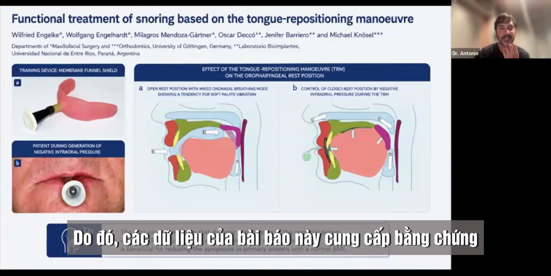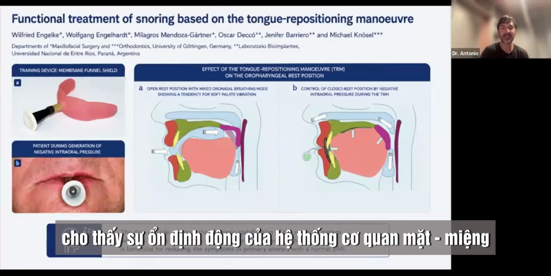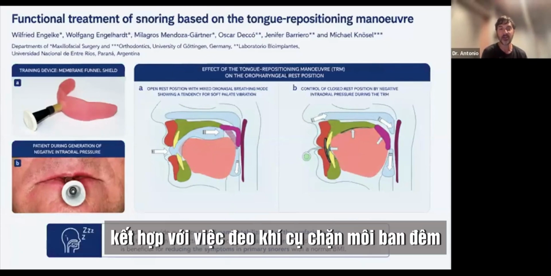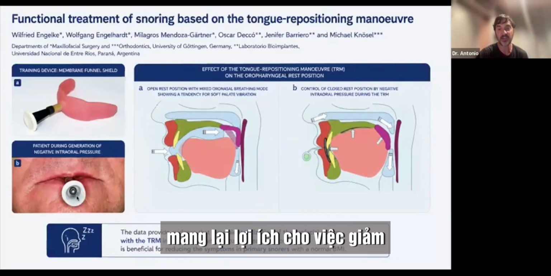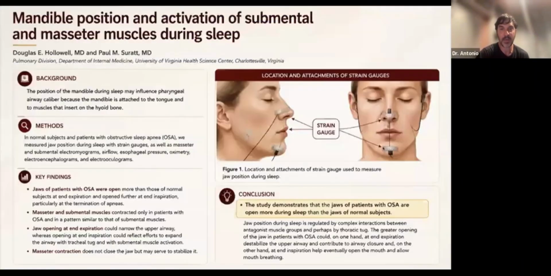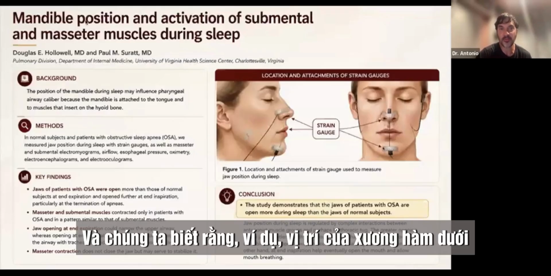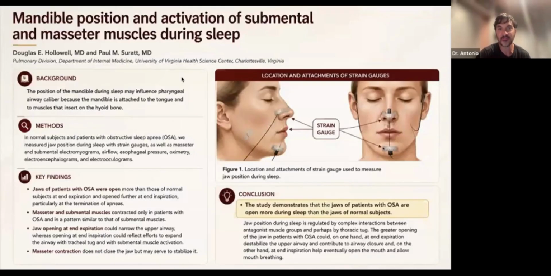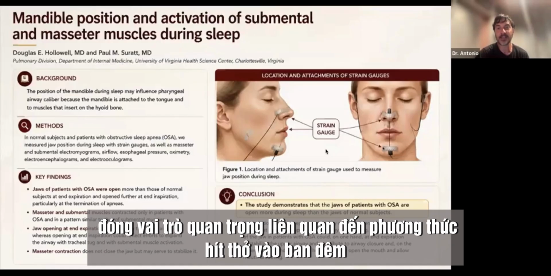The data of this article provide evidence that dynamic stabilization of the orofacial system with this device, in conjunction with nocturnal wear of this oral shield, is beneficial for reducing symptoms in primary snorers with normal BMI. And we know that, for example, the mandible position is important, compared with the way you are breathing during the night.